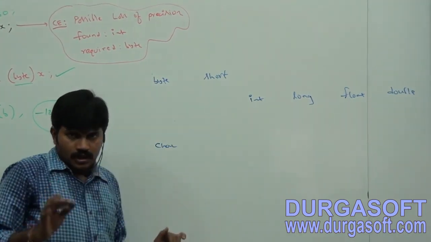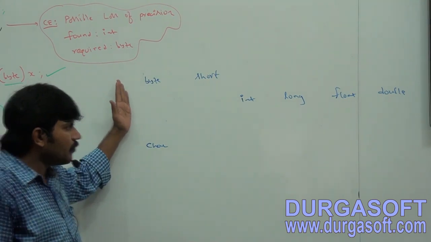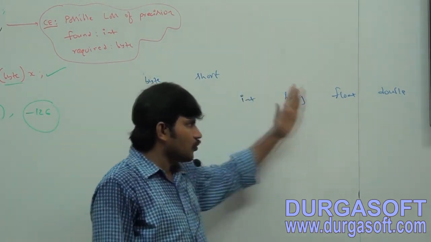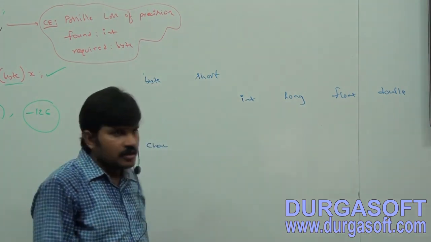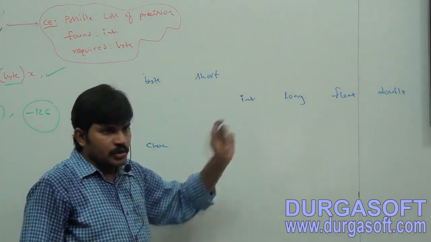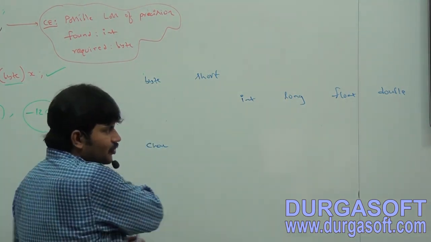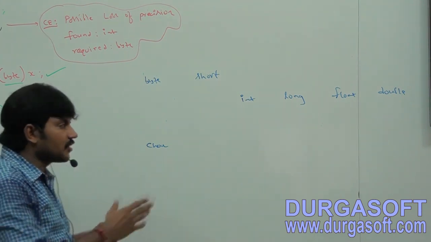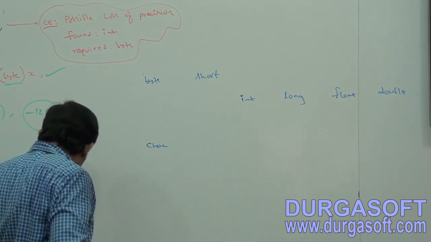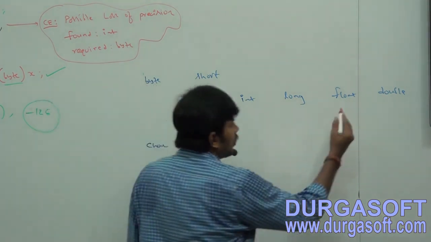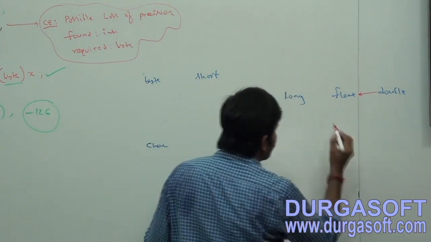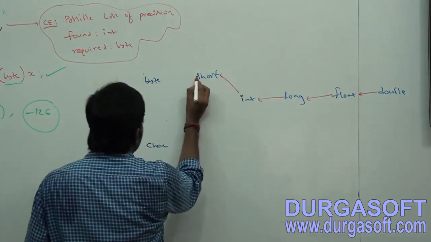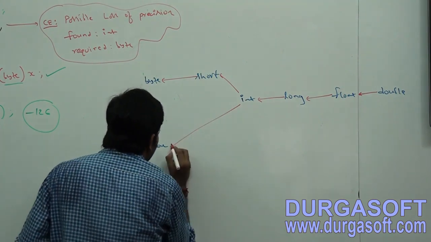If you move from left to right, it is implicit typecasting, smaller to bigger. If we move from right to left, it is explicit typecasting, because bigger to smaller type. So double to float, float to long, long to int, int to short, short to byte, int to char.